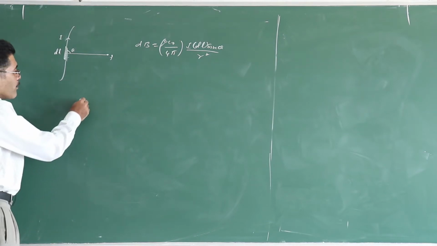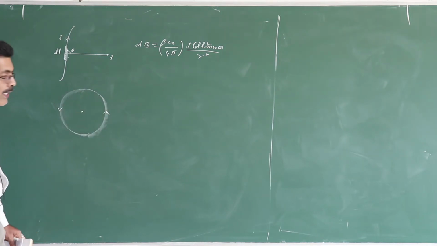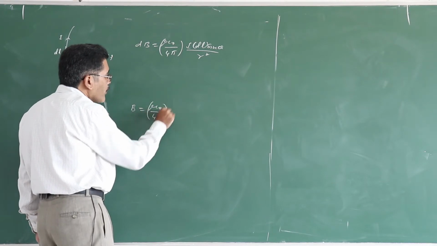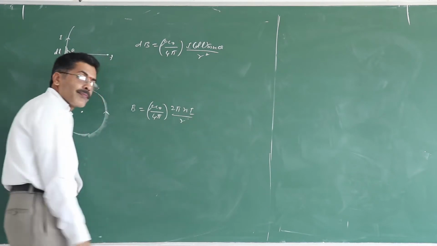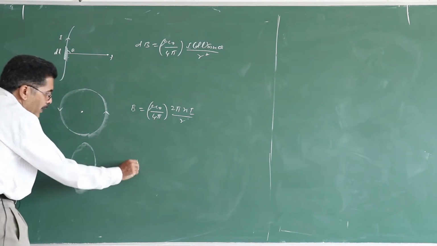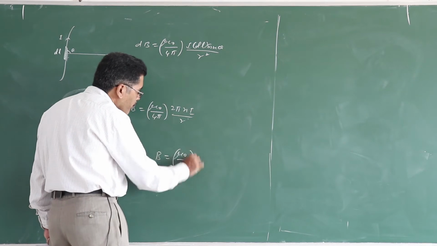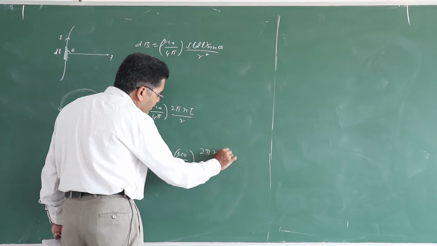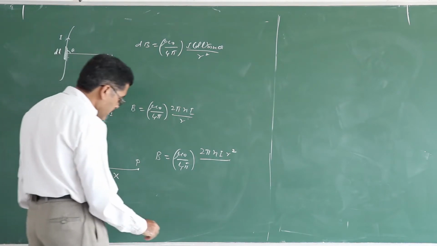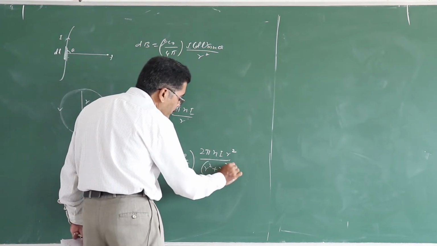Using this relation we have proved that the magnetic field at the center of a current carrying coil is given by B is equal to mu naught by 4 pi, 2 pi Ni divided by R. If the point lies along the axis, the magnetic field is given by B is equal to mu naught by 4 pi, 2 pi Ni R square divided by R square plus x square whole to the power of 3 by 2, where x is the distance along the axis and R is the radius.